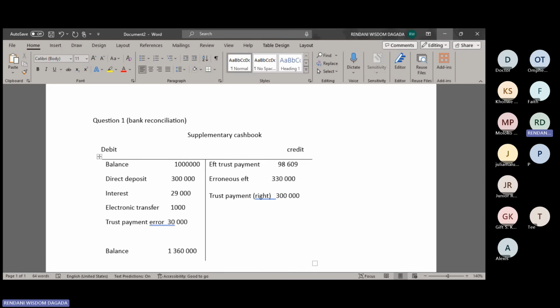So when the balance is that, you're going to use this same balance for both sides. You're going to use this balance for both sides. So you're going to say balance. Balance. That is what you just do here.